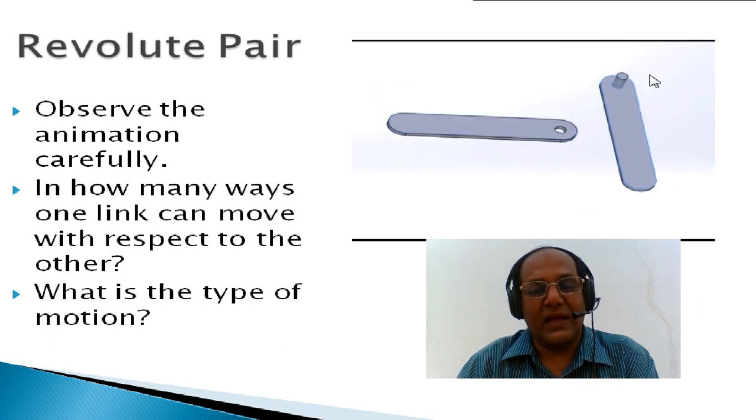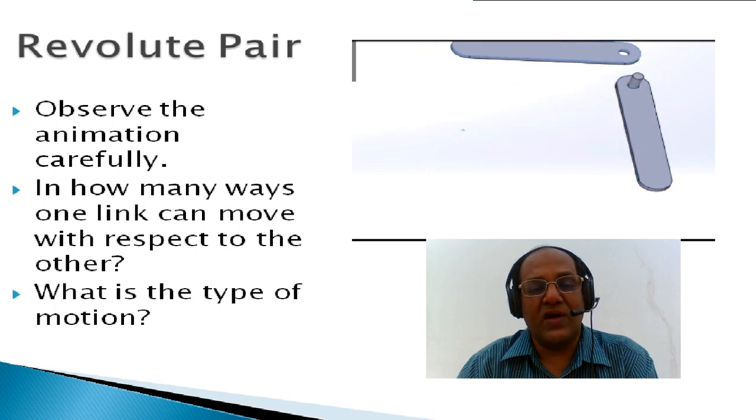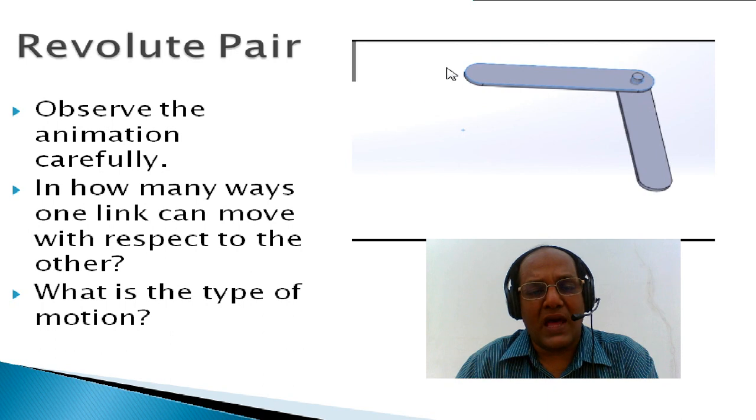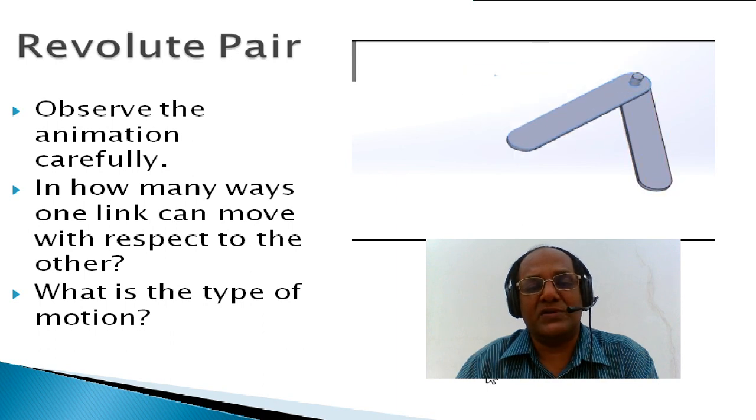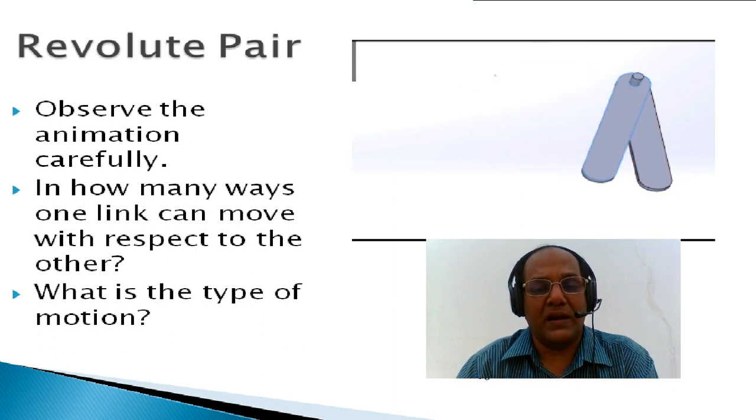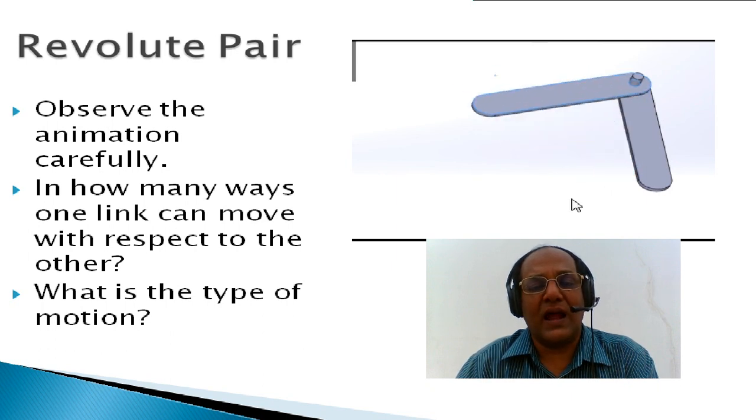This is another link with a provision for connection. Both these links are free to move. But once we form a kinematic pair by placing one link in such a way that the hole is aligned with the pin, we see that it forms a kinematic pair. While the link is moving, you see that contact is always maintained.